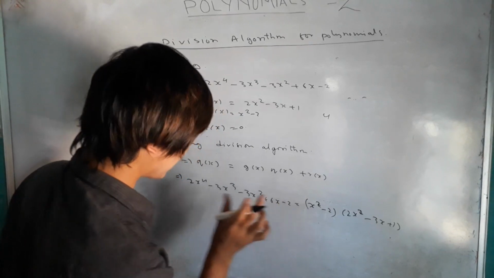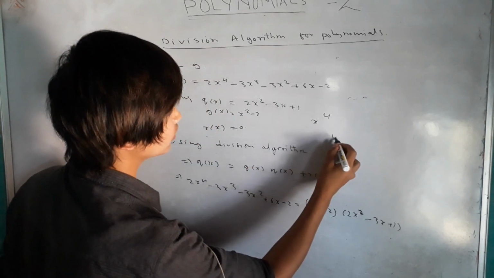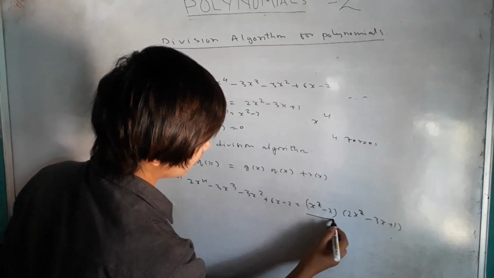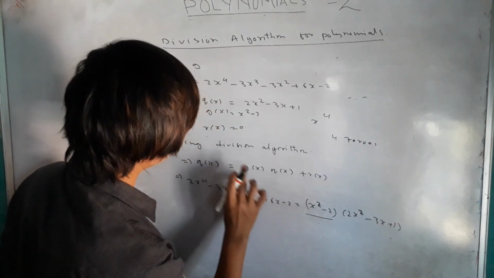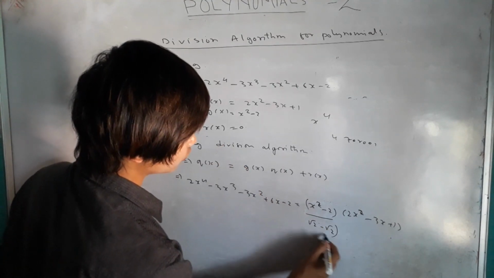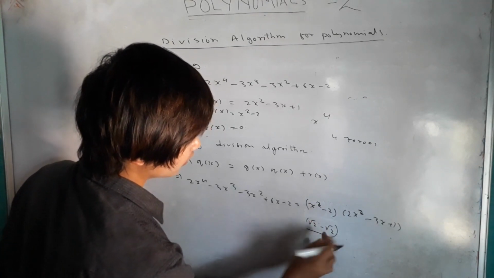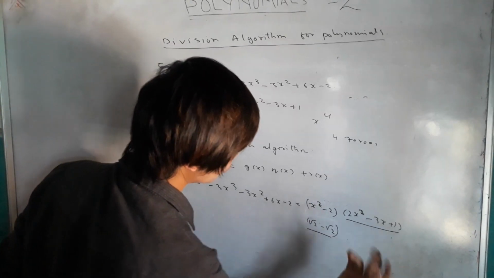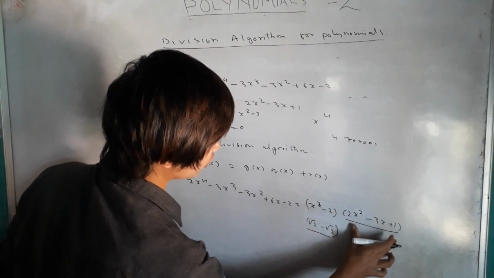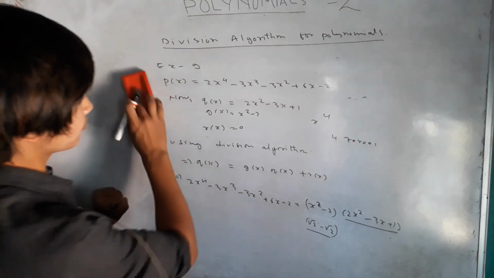I know x to the power 4 means it will have 4 zeros, the values of x. From here I already got two values. What were the values? Root 2 and minus root 2. So two values I already have. I need to find the other two values from this quadratic equation, so I will solve it and find the other two zeros.